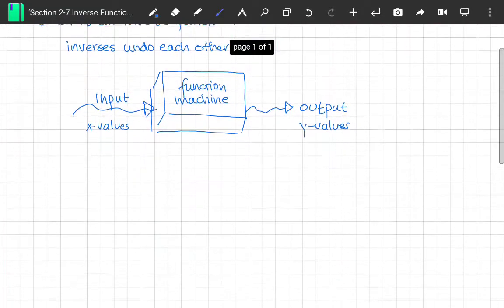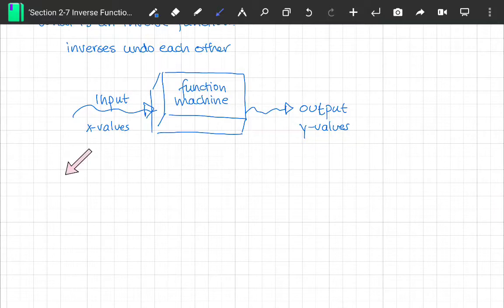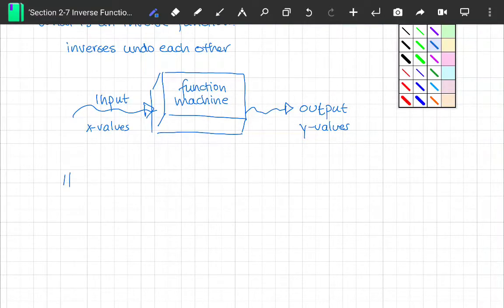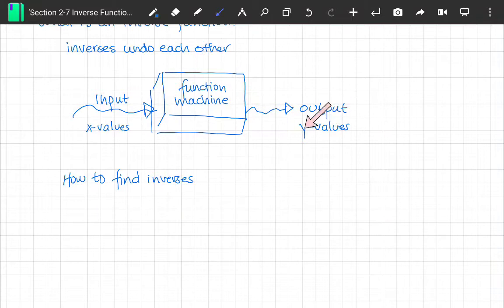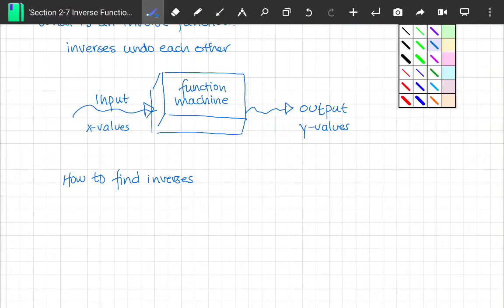So, as far as how to find inverse functions, actually I'm going to generalize and say how to find inverses, and I'll talk about why in a little bit. I'm not specifying the word function, because inverses may not always be functions. But how to find inverses: if the outputs become the new inputs and the inputs become the new outputs, it's like our x and y values have switched roles, and that's exactly what you do.